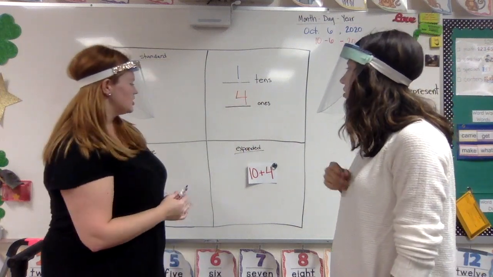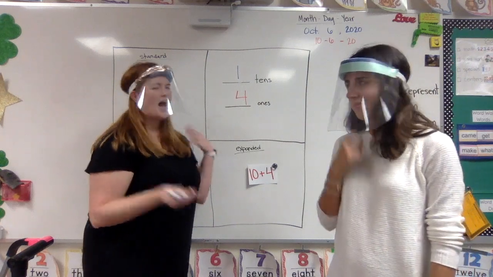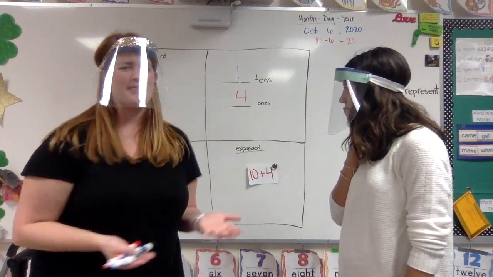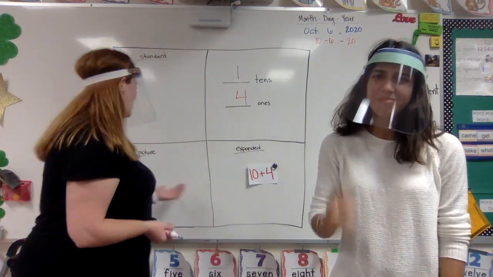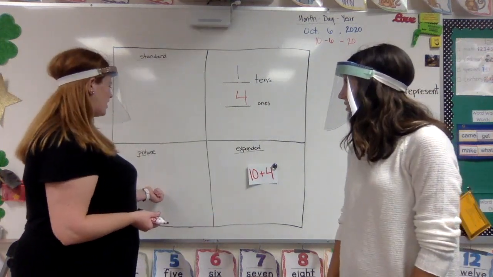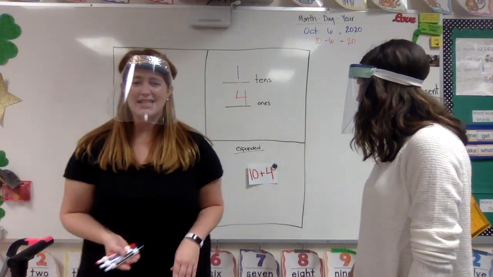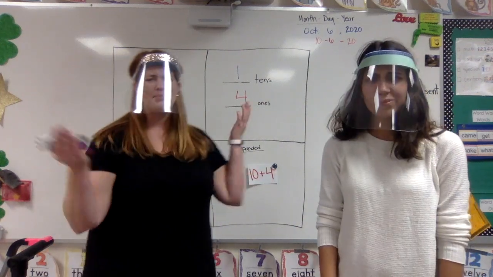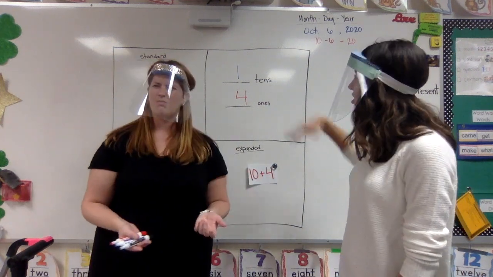Let's see. So I have 1 ten and 4 ones. I might not be sure about my standard form yet, so maybe let me try drawing it first with my picture form. But Miss Lestico, can you help me? How would I build with base 10 blocks? 10 plus 4. Well, I would just use this.